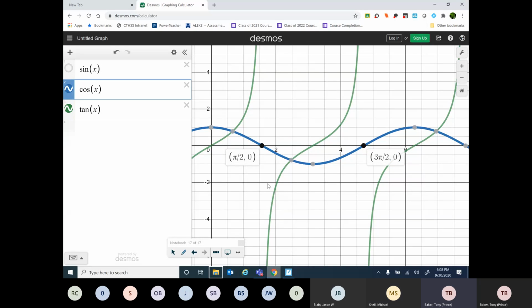Notice how my tangent has that vertical asymptote. So it's every pi: pi over 2, 3 pi over 2, and so on, that gives me that vertical asymptote. Those are my restrictions on my domain.